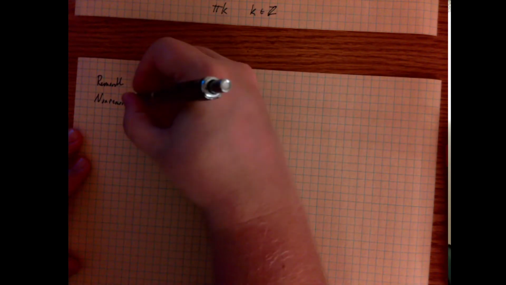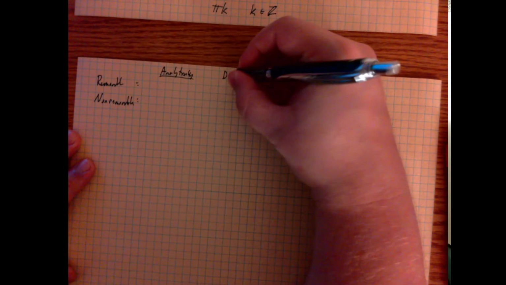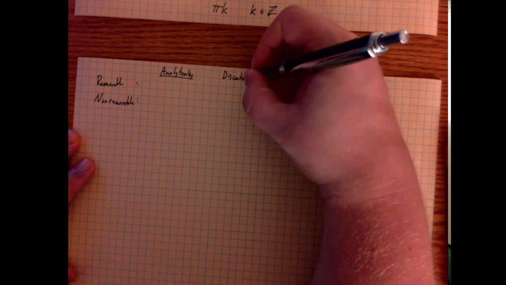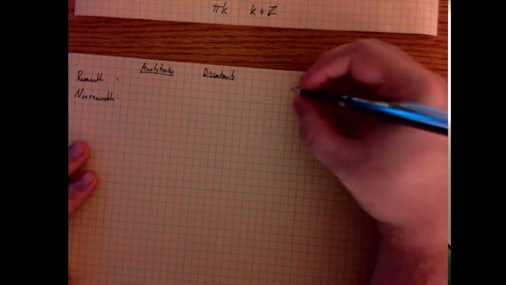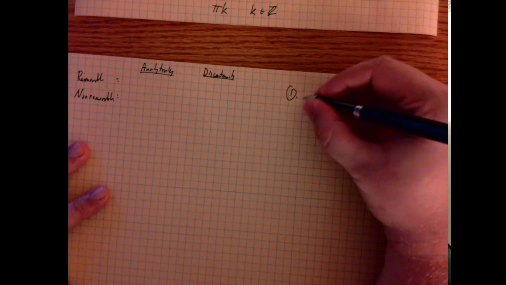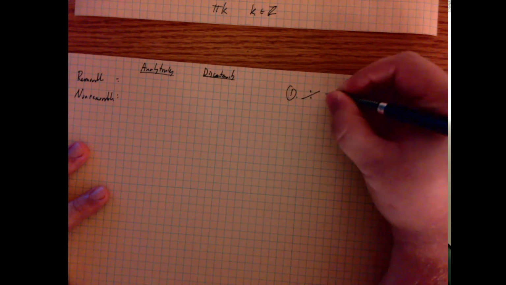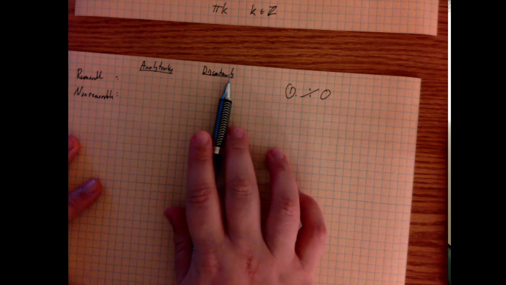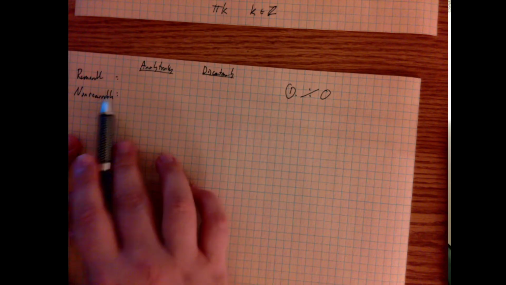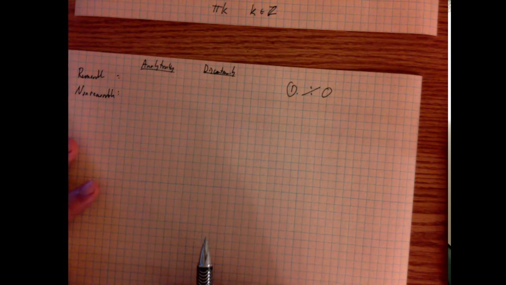In other words, how do we find discontinuity using the equation? Well, there's a couple of little helpful rules. First thing, if you ever end up dividing by 0, there's going to be discontinuity of some kind. And this is the most common problem we're going to look at, when we end up dividing by 0.